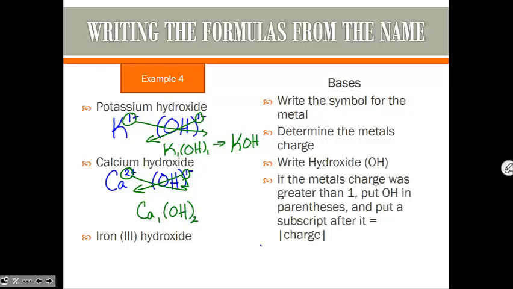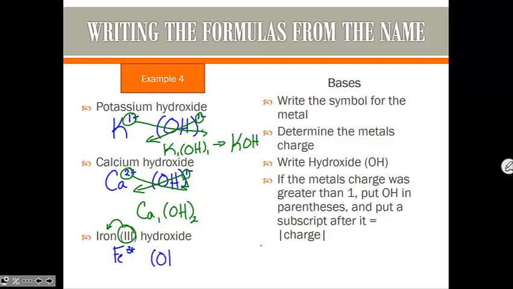Ca(OH)2. Iron 3 hydroxide. Iron is a transition metal, meaning it can have multiple oxidation states. So I tell you what the oxidation state is by providing you this Roman numeral. The Roman numeral tells us that this iron has a +3 charge.